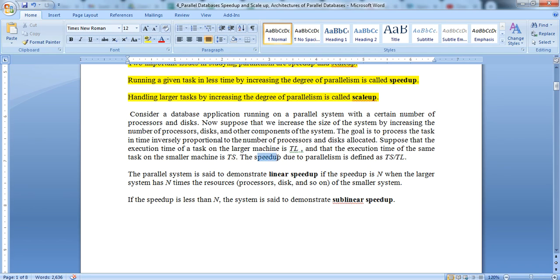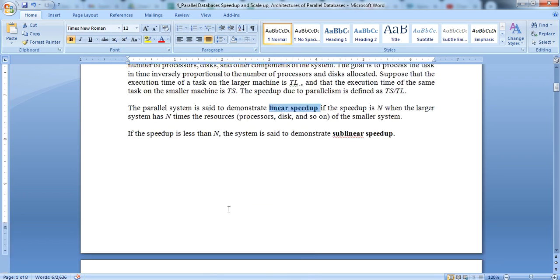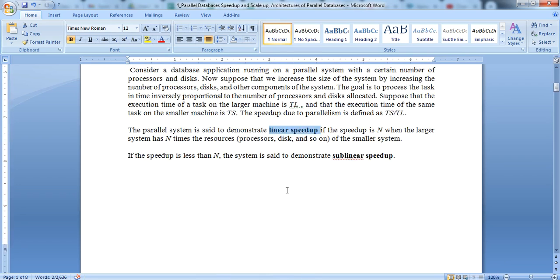The speed up due to parallelism is defined as the small machine execution time divided by the large machine execution time, TS divided by TL. That is the calculation for the speed up of the process. Now the parallel system is said to demonstrate linear speed up.